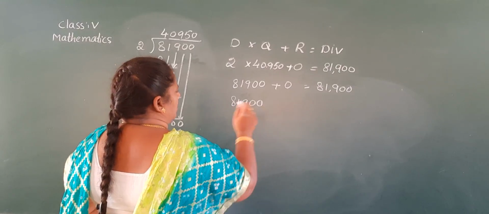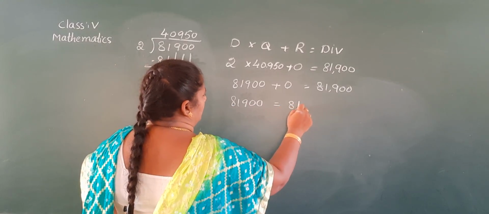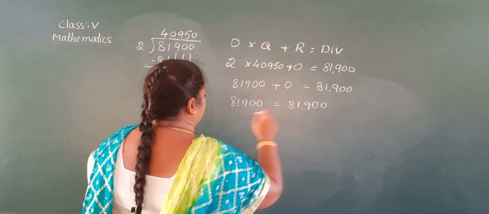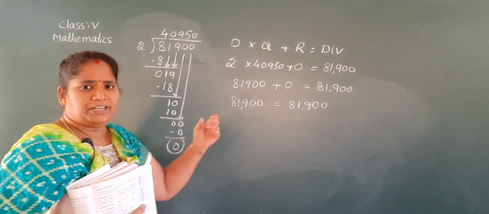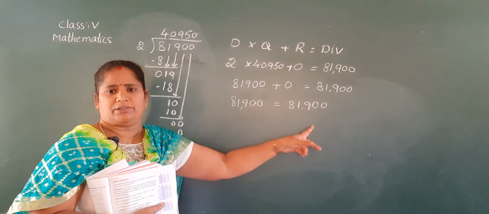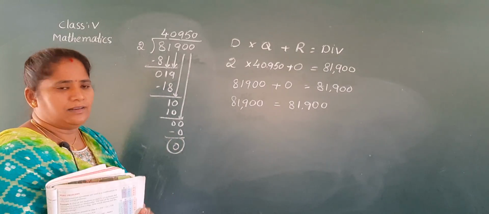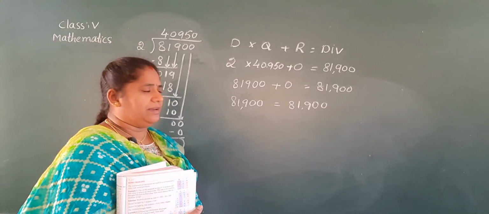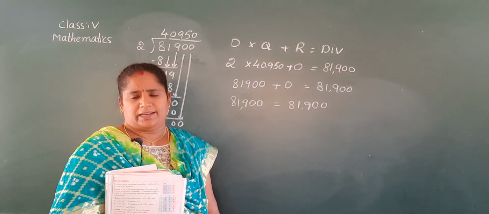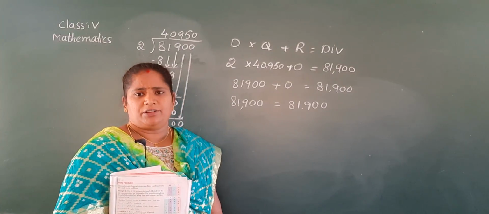So 81,900 is equal to 81,900. Yes, the divisor into quotient plus remainder is equal to the dividend. As both are equal, our division is correct. So by using this formula, we can verify the division. Is it clear to you, children?